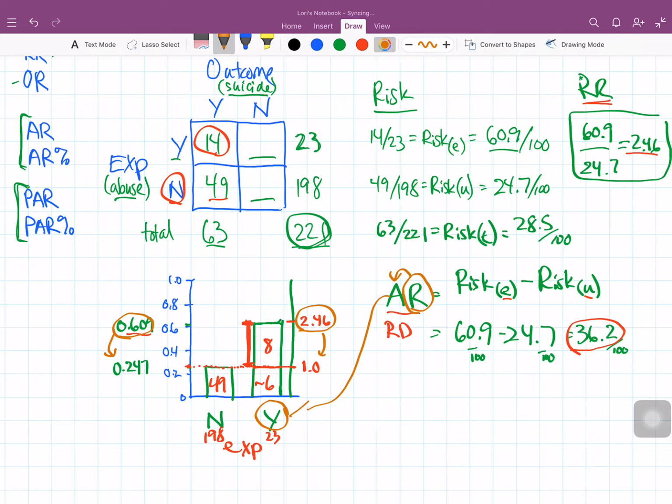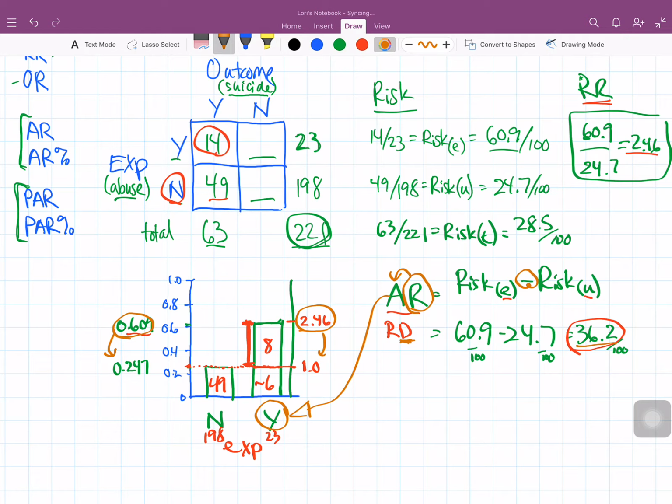So here we are attributing the risk to that exposure. I really like the term attributable because it helps me remember that I'm attributing it to something. Risk difference is also very good because whenever you're finding a difference in mathematics, you're subtracting. And that's exactly what we're doing here, subtracting the risk of one group from the other group. So we came up in this case with 36.2 as our difference.